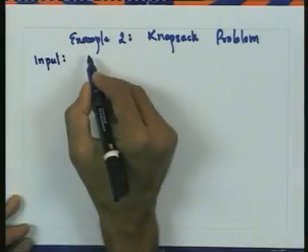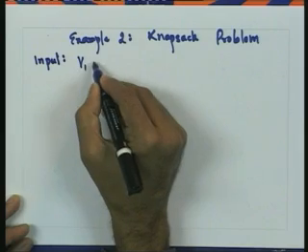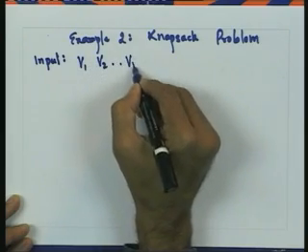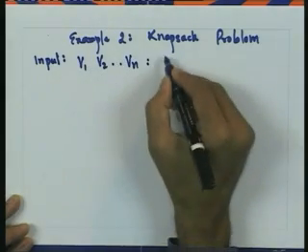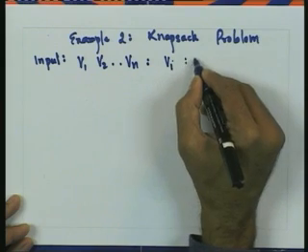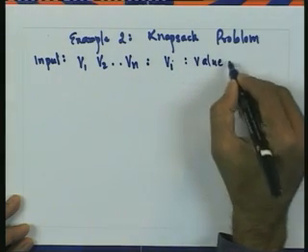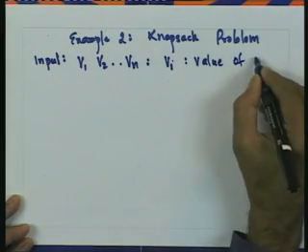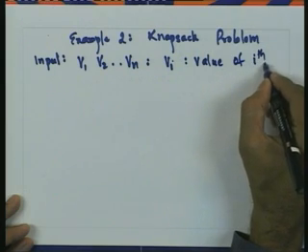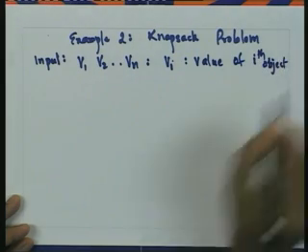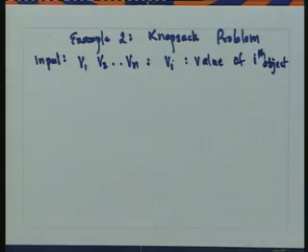and the input consists of, say, numbers v1, v2 all the way till vn, and think of vi as the value in rupees, say, of the ith object. So implicit is that there is a set of n objects over here. Each object has a value, and that value is known to us.